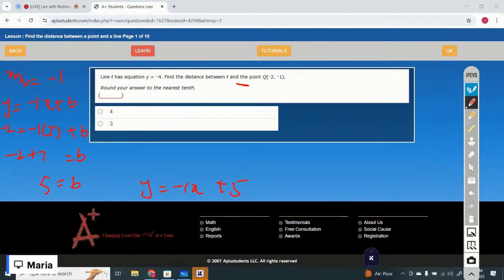So basically, -1, -2, -3, -4, right? So here is the line y equals -4.